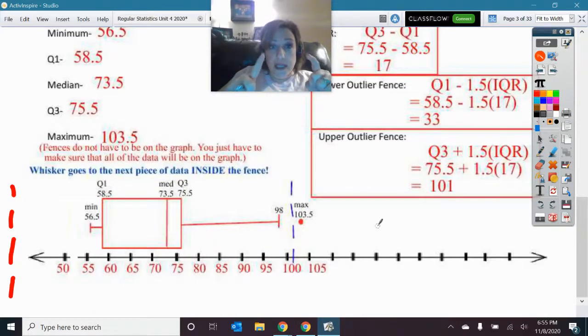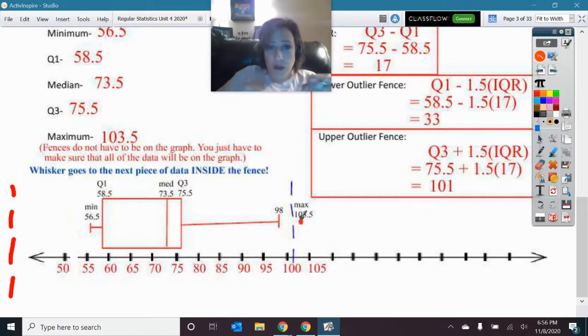Now, here is the big mistake that my students make, so listen up. Do not let your whisker touch that fence unless there's a piece of data on that fence. If there was a 101 on that fence, okay, but there's not. So do not take this whisker out to your max and cross the fence.